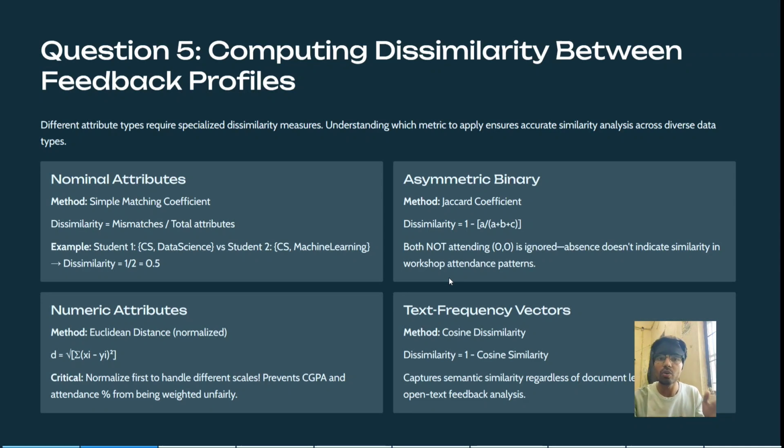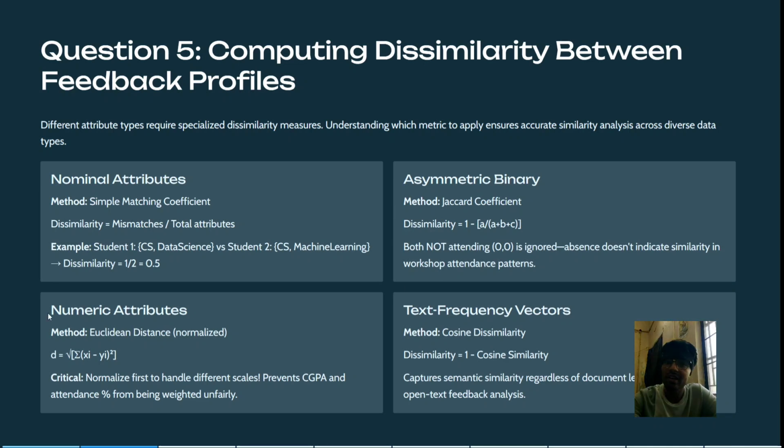We have a equal to 1 for AI, b equal to 1 for web, and c equal to 1 for ML. The Jaccard dissimilarity is 1 minus 1 divided by 3, which is equal to 0.67.